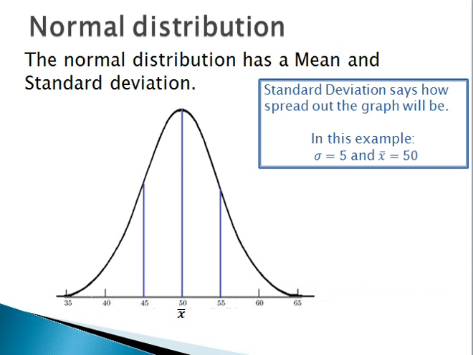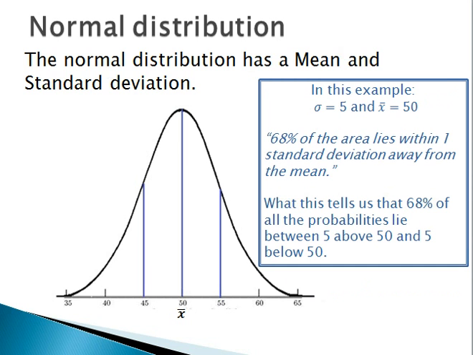All right, in the example here, the standard deviation was 5 and the mean was 50. X bar is 50, sigma is 5. I'll try to show you what that means. 68% of the area lies within 1 standard deviation away from the mean.